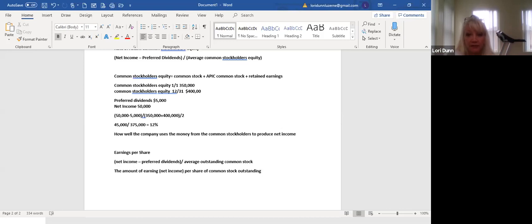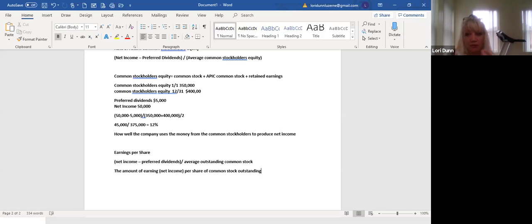We divide that by the average outstanding common stock. Now that could get to be a complex calculation. For now, we just look at it as the outstanding stock of the company for the year.